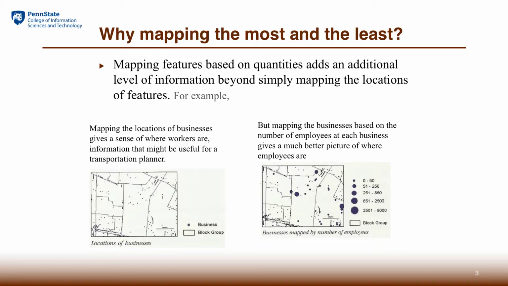So we would like to know how many employees are at each business location. The map on the right shows that picture very clearly, and gives you a very good understanding of what kind of transportation needs we need to build.